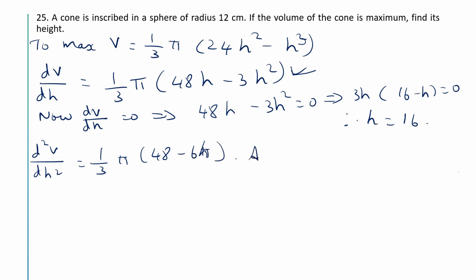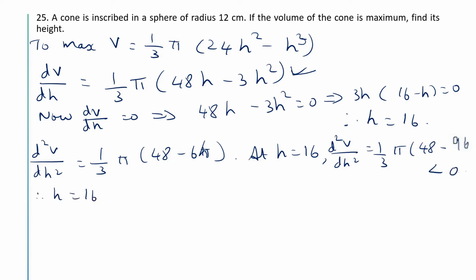Now at h is equal to 16, we have d square V by dh square as 1 by 3 pi into 48 minus 6 into 16, so this is negative, it is less than 0, which means h is equal to 16 is a point of local maxima.